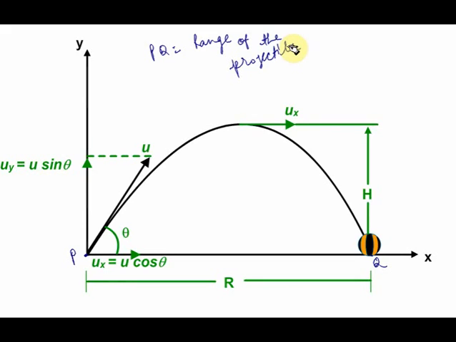In order to calculate the range of the projectile, we need to find out the horizontal displacement in time t. To find that displacement, that is x, we need the velocity in horizontal direction, which is u cos theta, and the time of flight, which is 2u sine theta by g.